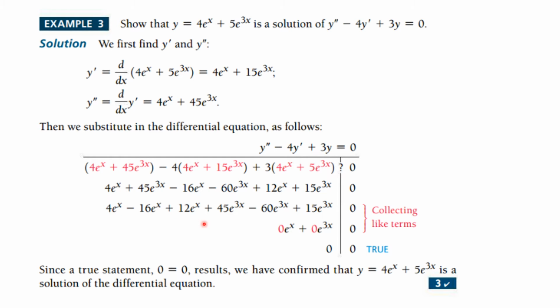You should verify all this, but what happens is you get 4e to the x minus 16e to the x plus 12e to the x. That gives 0e to the x. And the terms with e to the 3x are 45 minus 60 plus 15. So it's 0, so 0 equals 0. That's a true statement, so we've confirmed that this is a solution to the differential equation.